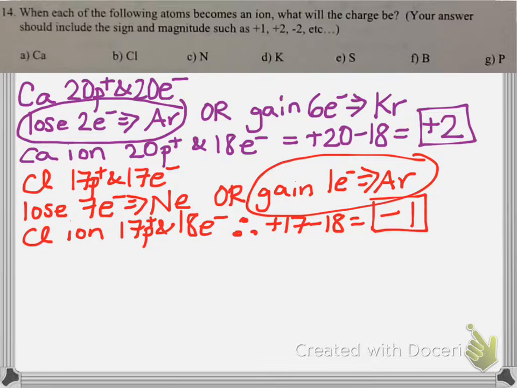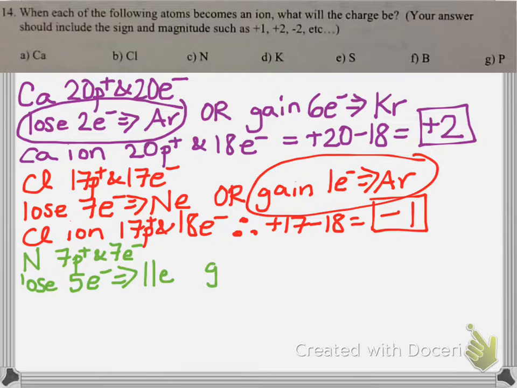Letter C, nitrogen. Nitrogen as an atom has 7 protons and 7 electrons. So nitrogen could lose 5 electrons to be like helium, or it can gain 3 electrons to be like neon.